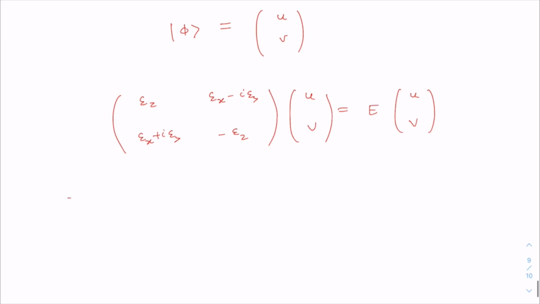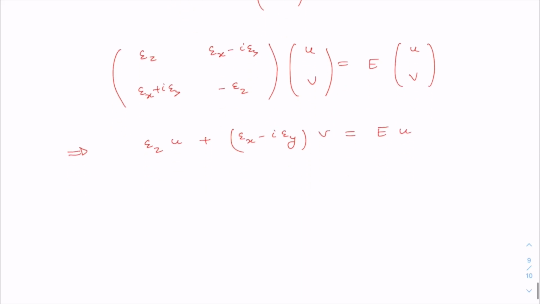From here one can easily get ε_z u + (ε_x − iε_y) v = E u, and I can write this as (ε_z − E) u + (ε_x − iε_y) v = 0.